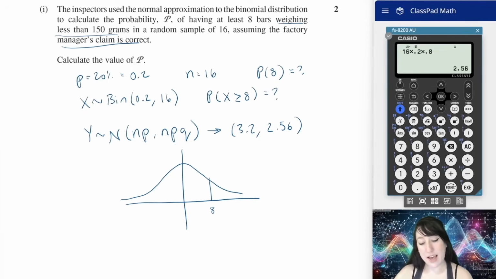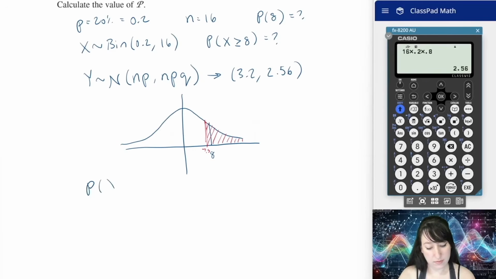So we'll take half a unit to the left of this and find the probability of getting 7.5 or more on this normal distribution. So the probability that x is greater than or equal to 8 is approximately equal to the probability that y is greater than or equal to 7.5.